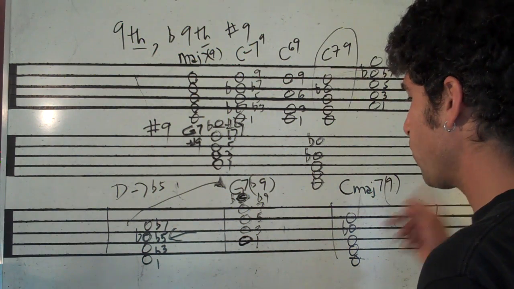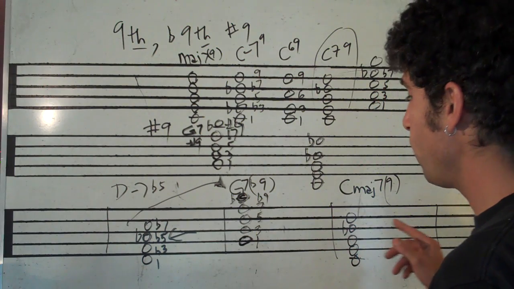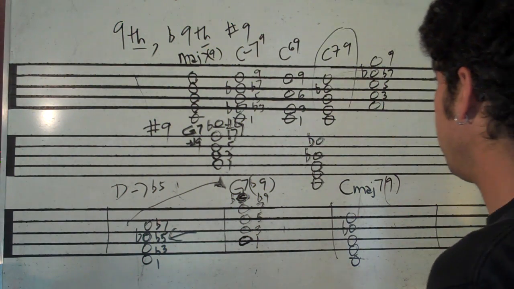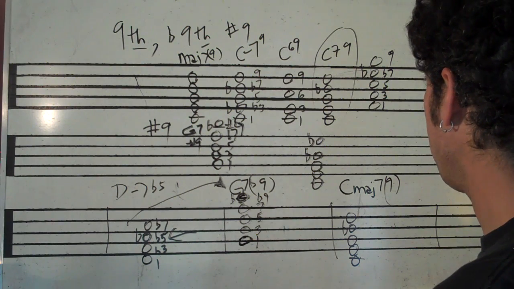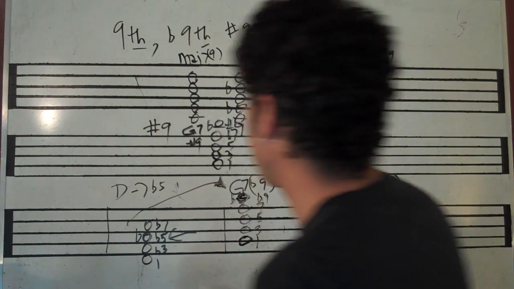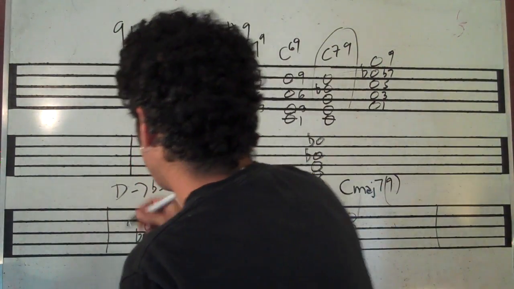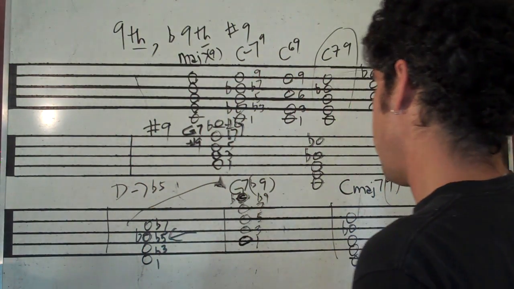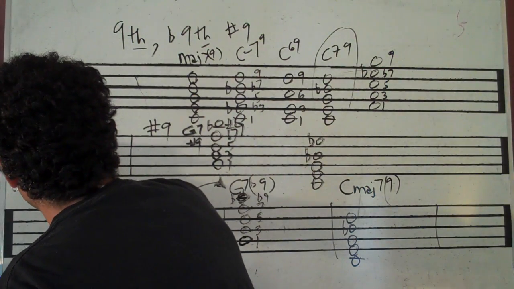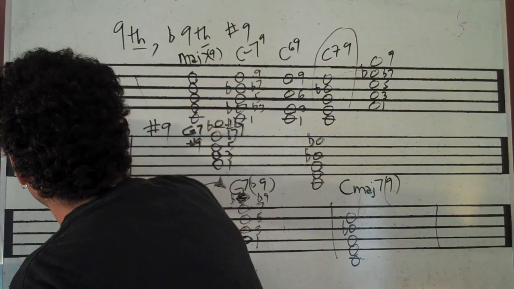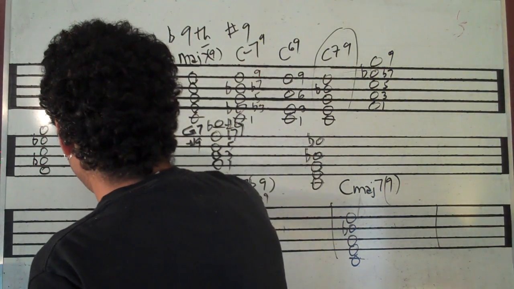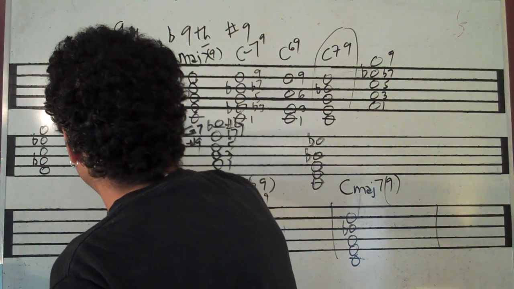Let's go back. I just remembered something that I wanted to share with you about major 9 to minor 9. I'm going to erase a couple of these things here. I think we've got some room. Let's write out F minor 7 with the 9 to F major 7.